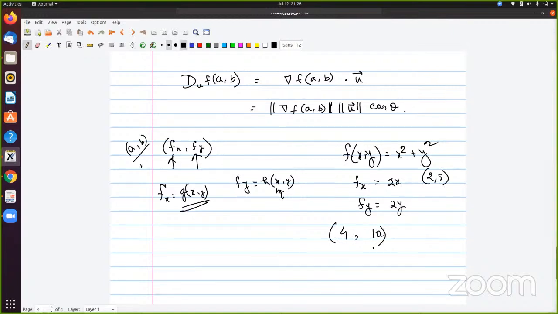You have written 2x comma 2y, so do we have to check whether these are continuous? Exactly. What is meant by continuity? The limit should be equal to the function value. First of all, it should have a limit at the point 2 comma 5. Does it exist?